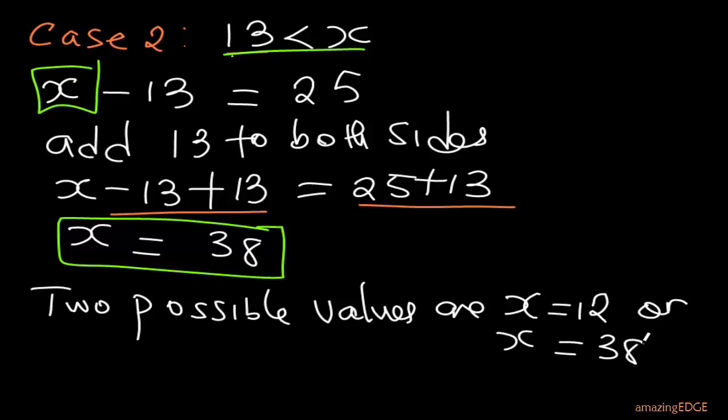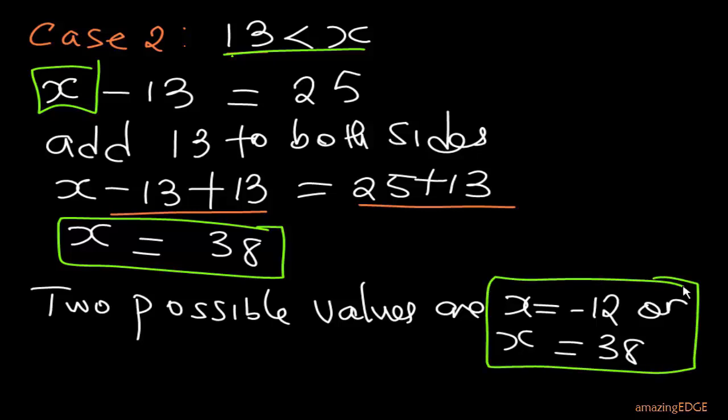Remember that x is minus 12, not plus 12. So these are the two possible values we can have. So you can either have x equal to minus 12 or x equal to 38, depending on the case you find yourself.